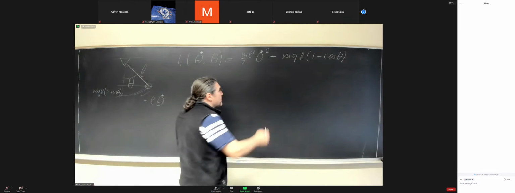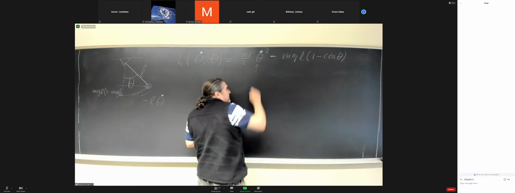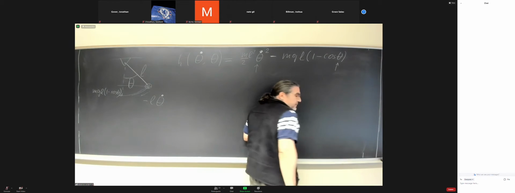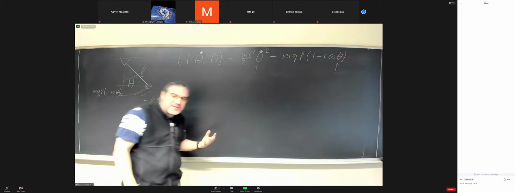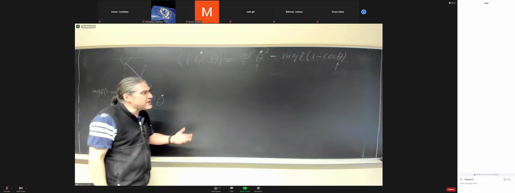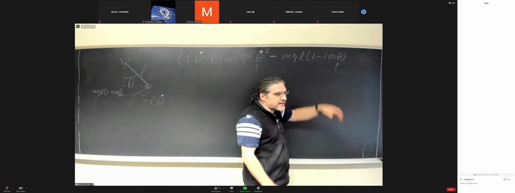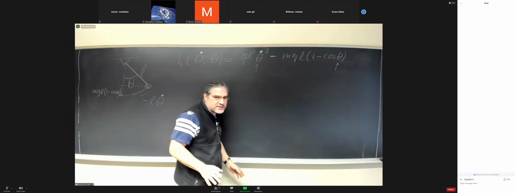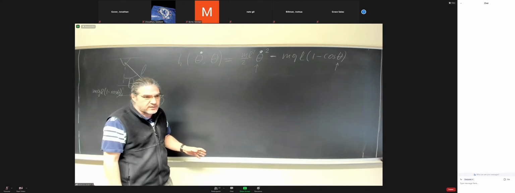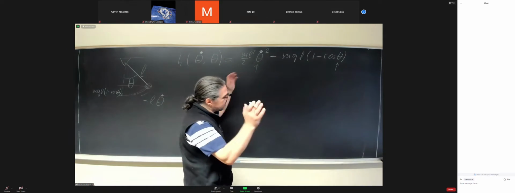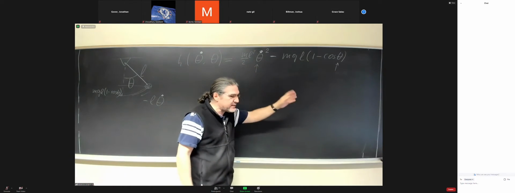It is a function of two independent variables. Please understand that that's an important part of it. So I treat theta dot and theta as completely independent from each other at this point. I wrote this function, and those are two independent variables.